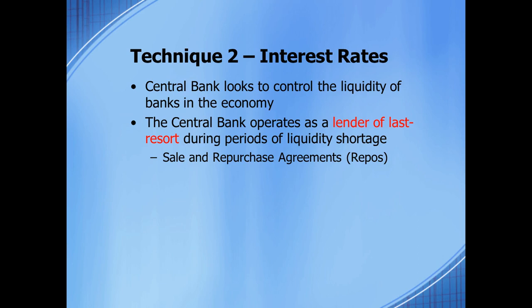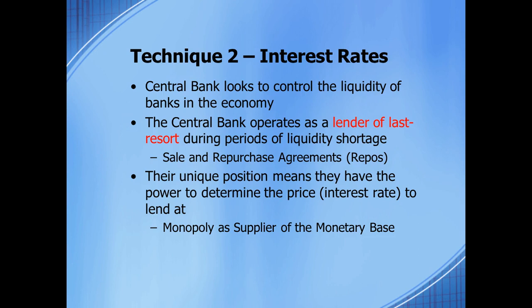And this technique has given it the name of lender of last resort. The technique is a sale and repurchase agreement, the repos. So it has this unique position, which means it has the power to determine the price, the interest rate to lend at. And it actually has a monopoly as a supplier of the monetary base. So basically, it's the only place you can go to get money, to supply and control liquidity.